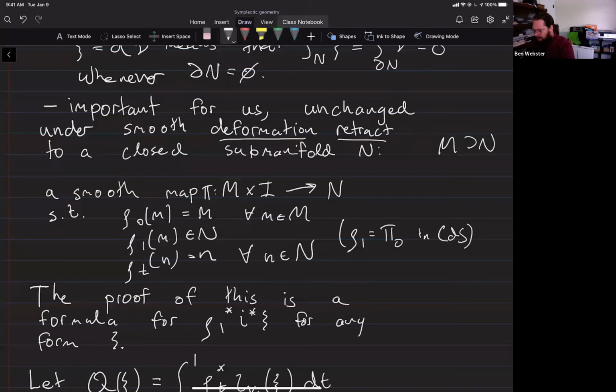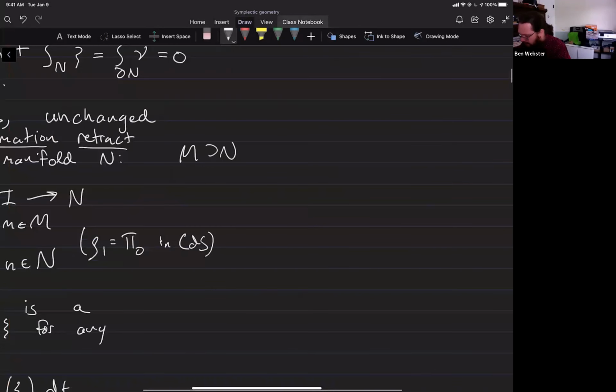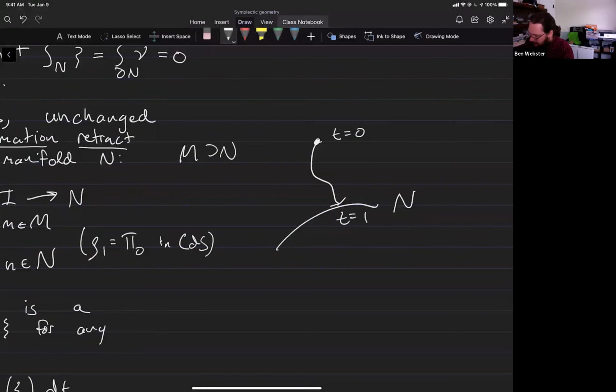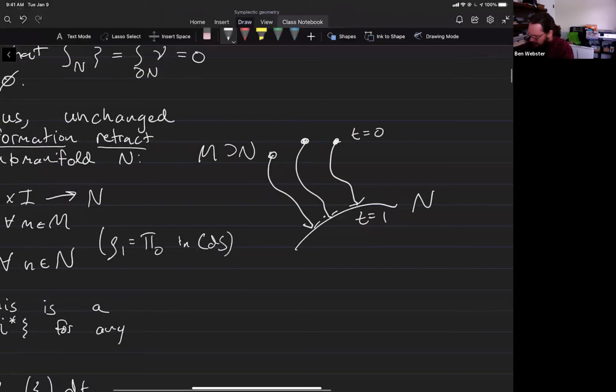For every point in M, I specify a path that pulls it down to N, and if I was already on N, I just stay in place. So I start anywhere, and I have a choice of path where I'm at my original point at time 0, and I go down to N at time 1. And I do this continuously for every point in the ambient space.